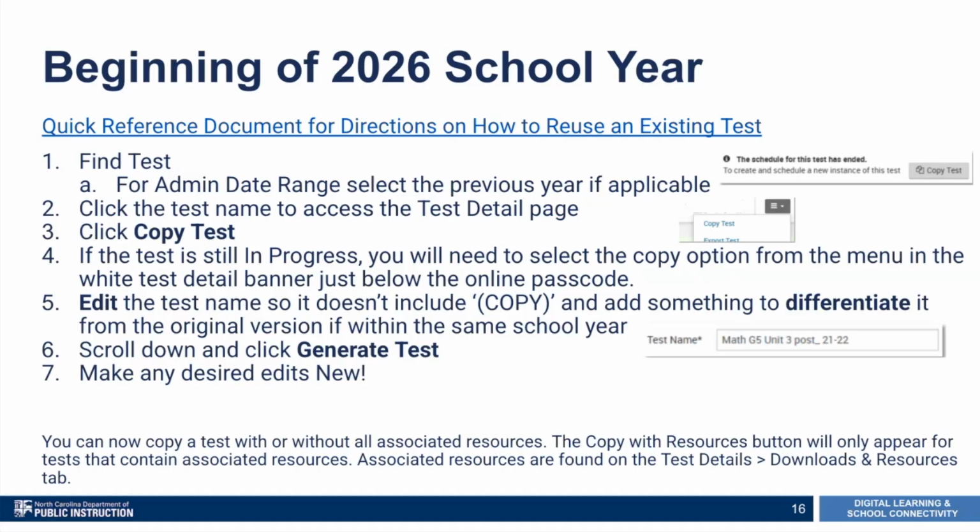And when you go back into Schoolnet after your July 4th vacation, you will see that the year has changed and the school year will be listed as 2026 rather than 2025. When you go back to pick up a test that you may have created this year and you administered to students or not even administered, just create it, you will need to copy it over to the next year in order to schedule it.